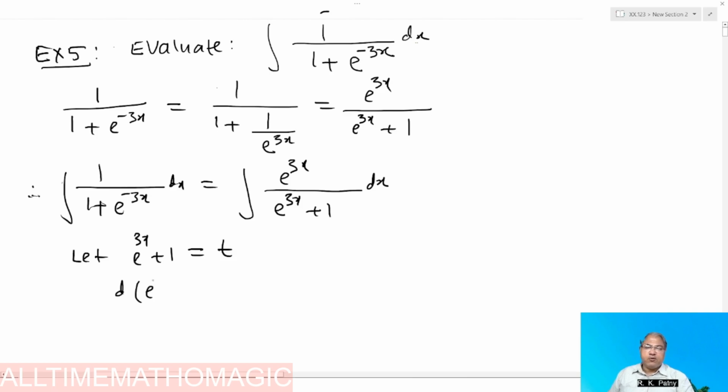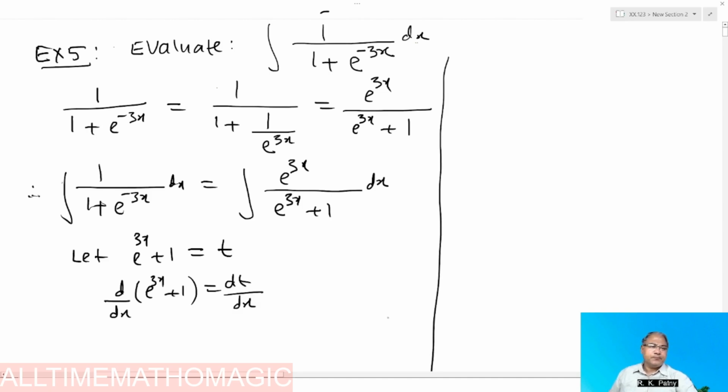So the derivative of e raised to 3x plus 1 with respect to x equals dt by dx. After that, the derivative of e raised to 3x is nothing but 3 e raised to 3x equals dt by dx. Therefore, e raised to 3x dx is equal to dt upon 3.